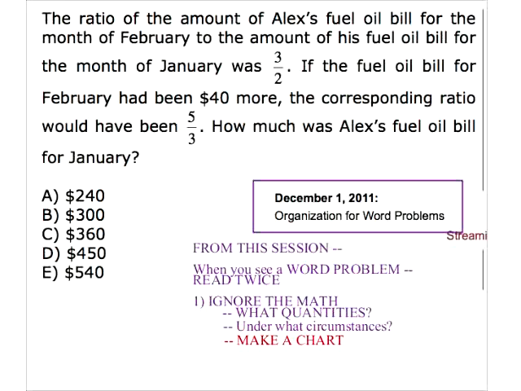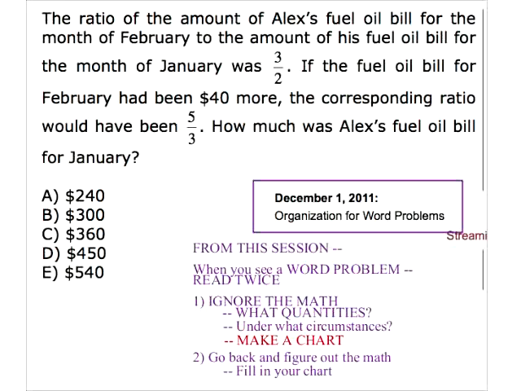Then, once you do that, go back and figure out the math. And now that you have a chart, you can fill in your chart. So let's do that with this particular problem. Smiley face if you understand the basic idea of what we're saying here.